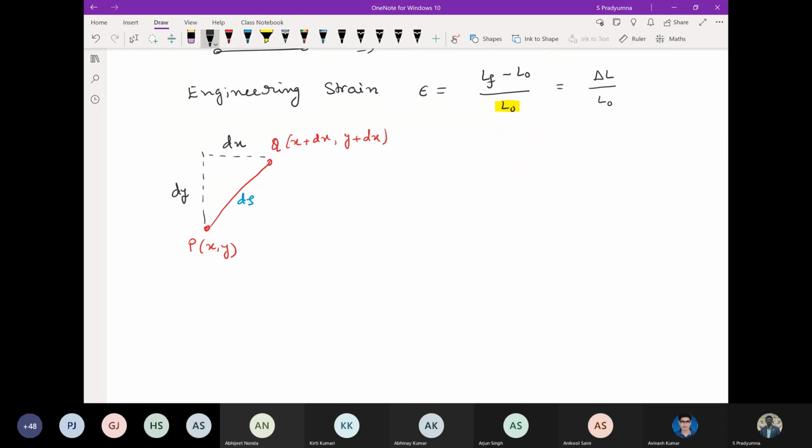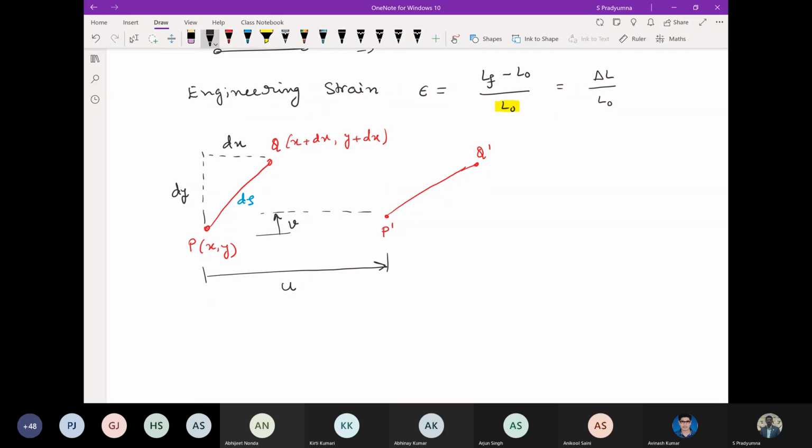Because of the deformation, P goes somewhere here and Q goes somewhere here. I call these P dash and Q dash. The distance from here to here in the x direction is equal to u, and along the y direction it is v.